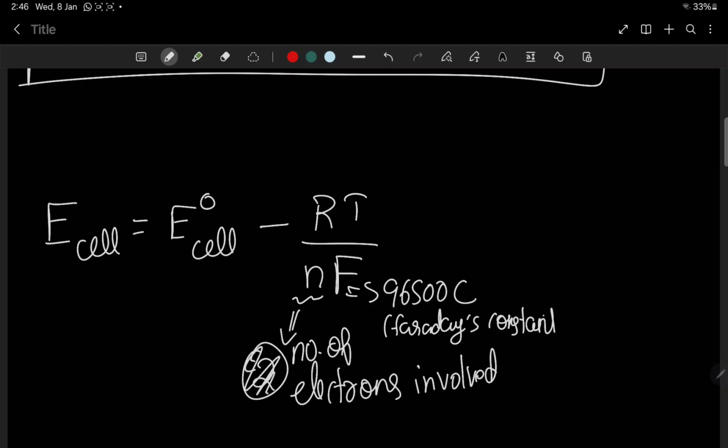R is not the rate constant, R is the gas constant. T is temperature. And here you write log Qc, the reaction quotient, that is the concentration of product by concentration of reactant. You learned it in the equilibrium chapter.